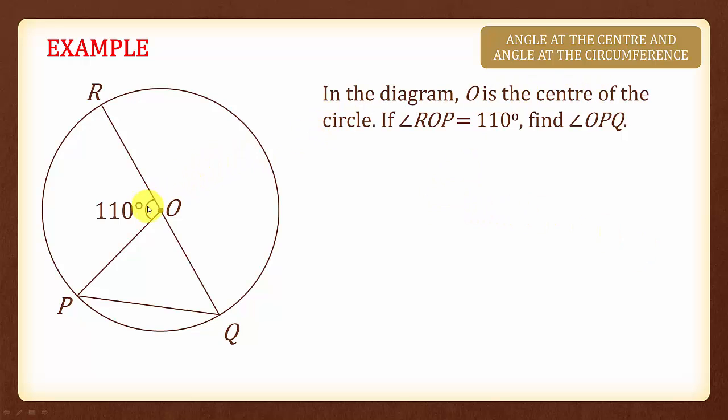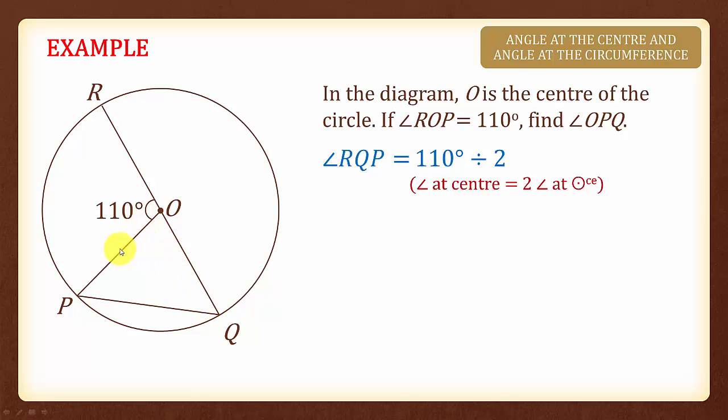In this next example, O is the center of the circle. If angle ROP is 110 degrees, find angle OPQ here. In order to find angle OPQ, we'll first need to find the angle RQP, which is equal to 110 degrees divided by 2, because of the property angle at the center is twice the angle at the circumference.